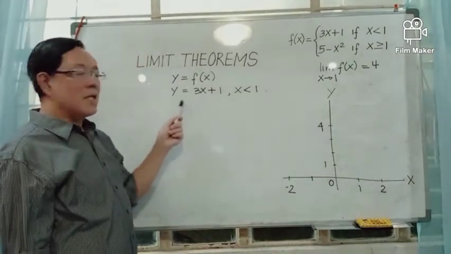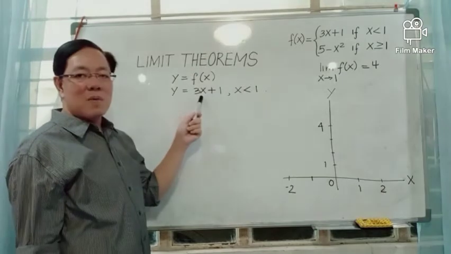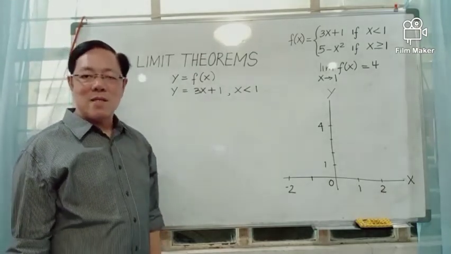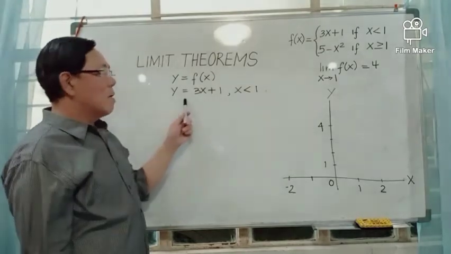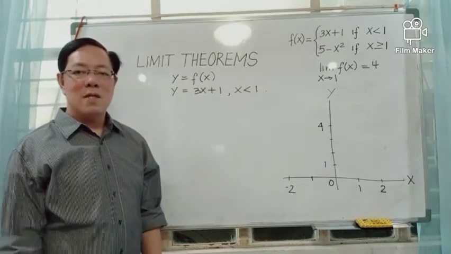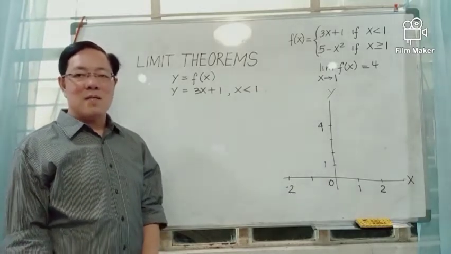Since this is a linear equation, linear in two variables x and y, we know from analytic geometry that the graph of this linear equation, or linear function, is a straight line.